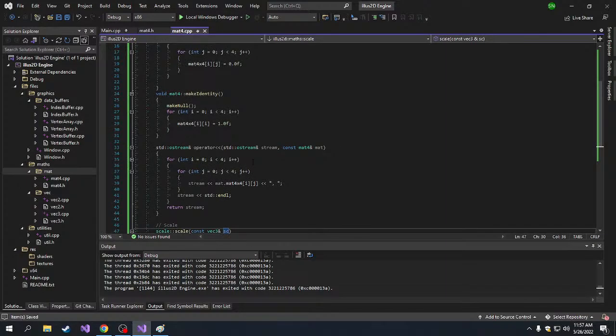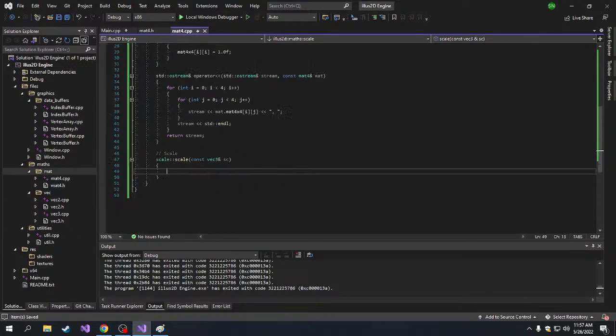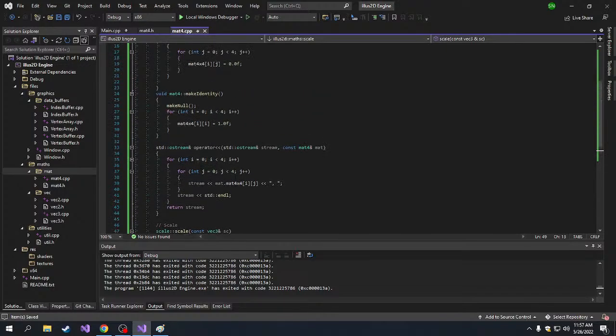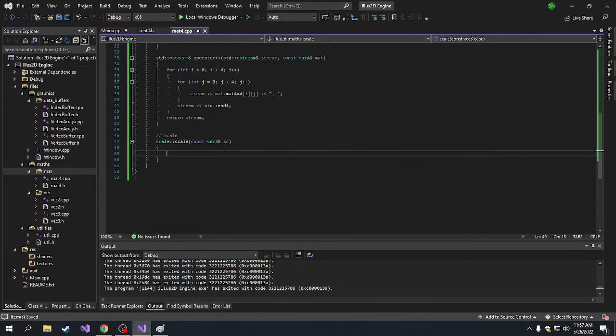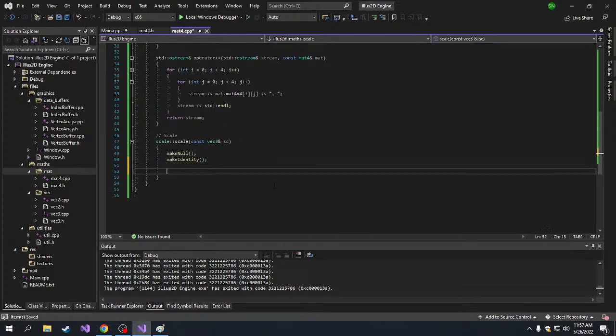Okay. Alright. First, we have to make this a null matrix. Yeah, that's simple. We have to make this a null matrix. Null and then identity. So make null, like identity. We probably don't need to make the identity, but we'll just rock with it.